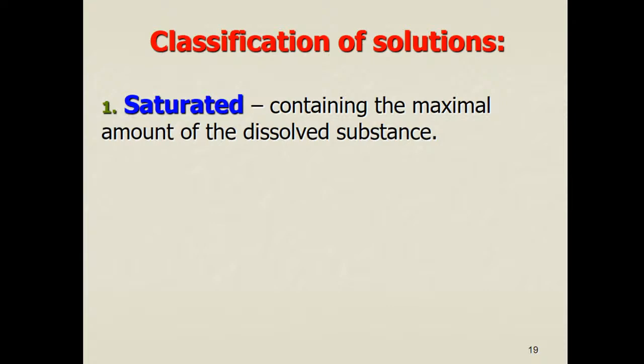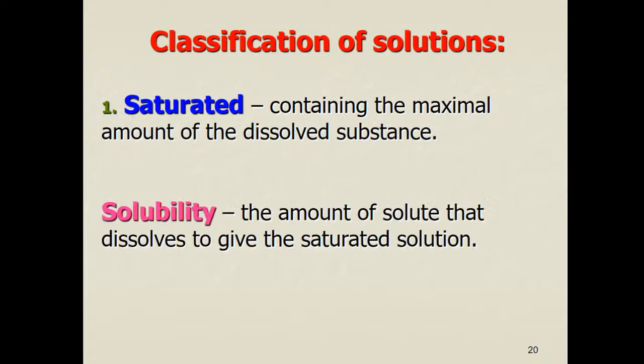That means no more substance can be dissolved. That is the highest concentration of the substance dissolved in a solution. Mathematically this value is equal to solubility. No more, it's a maximum. So mathematically, solubility equals the amount of solid that dissolves to give the saturated solution.